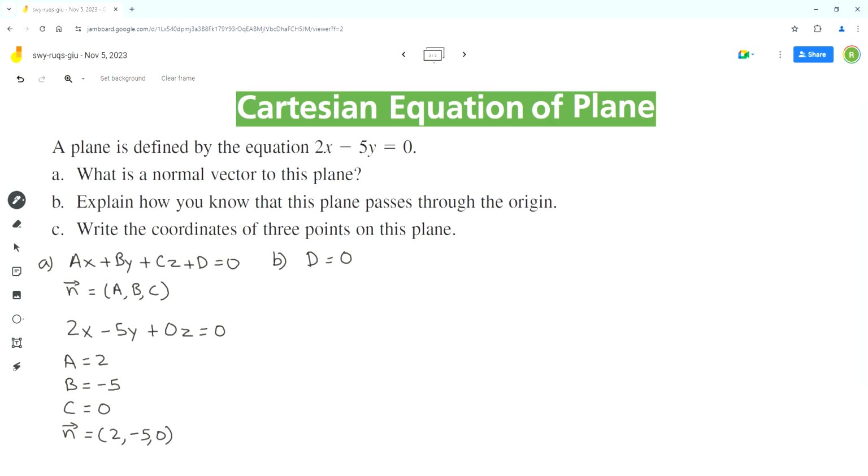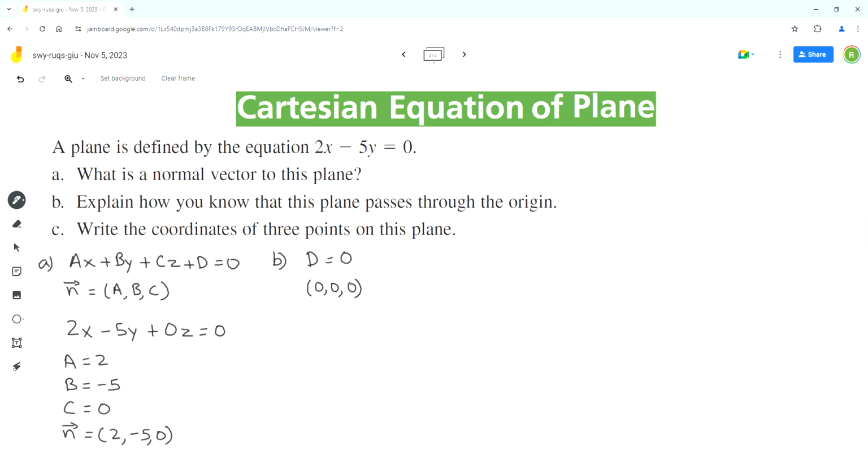The second way to check that is to sub in the origin in the given equation and see if the left side becomes equal to the right side. The origin can be written as a point as 0, 0, 0.